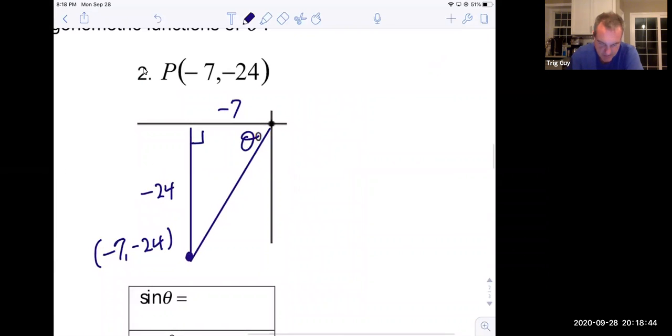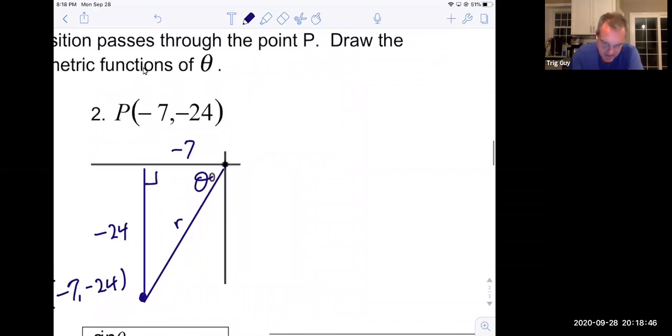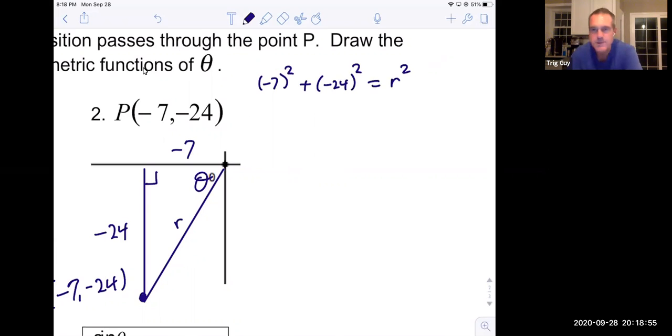For the radius, I want to do my Pythagorean theorem, so I'll take -7 squared plus -24 squared equals r squared. Of course, these negatives go away. You square negatives, they become positive. So -7 squared is 49, right? 24 squared is 576, right?